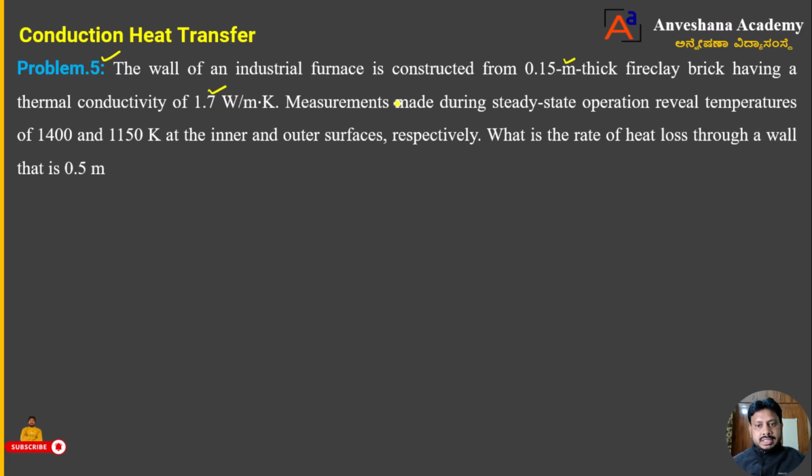Measurements made during steady state operations reveal temperatures of 1400 Kelvin and 1150 Kelvin at the inner and outer surfaces respectively. What is the rate of heat loss through a wall that is 0.5 meter by 1.2 meter on a side?